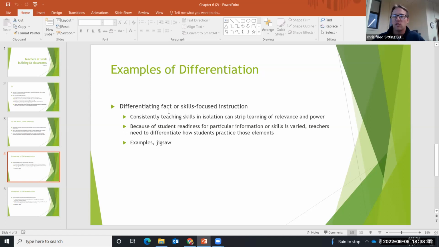Because facts are facts, right? It's the truth, and it's not going to be changed probably, and you just have to maybe try to remember it. Where a skill is something that we all need to know how to do or remember or use, and so we're going to have to practice that in a variety of ways. Whereas facts, sometimes we can just remember them or jot them down in notes and look back at them later or whatever that might be.